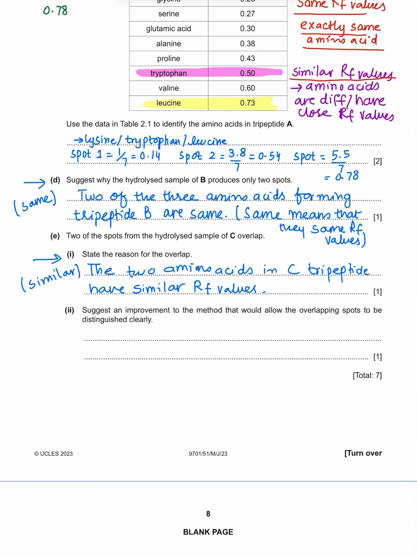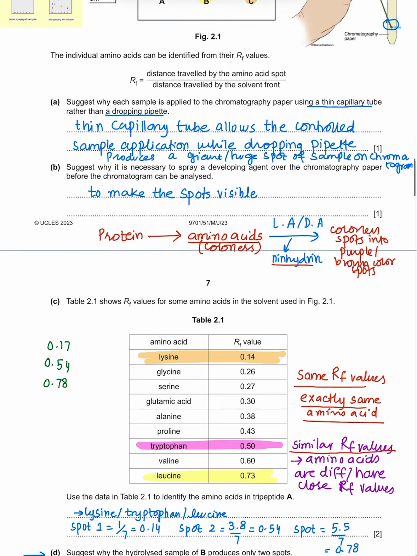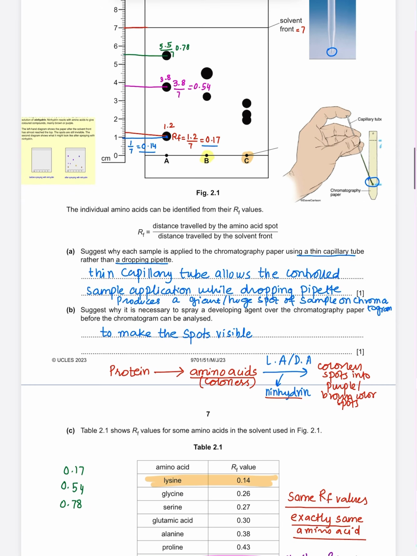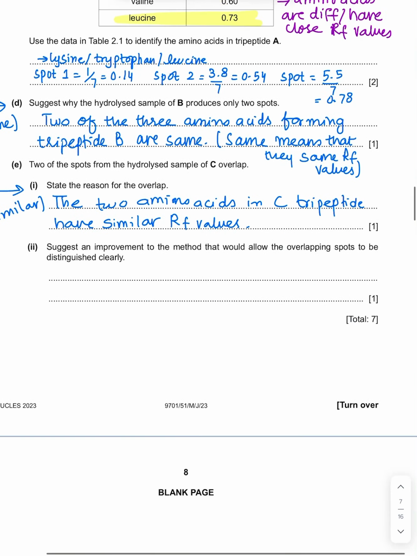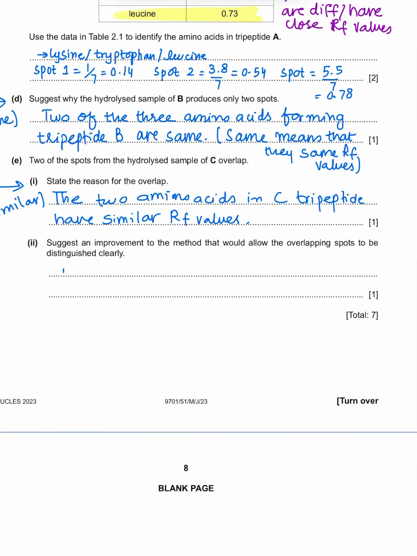Suggest an improvement to the method that would allow the overlapping spots to be distinguished clearly. So we basically want to separate these spots clearly. We want to get these three amino acids separately onto the chromatogram without them being overlapped. So the best way is that we should use a different solvent, right?